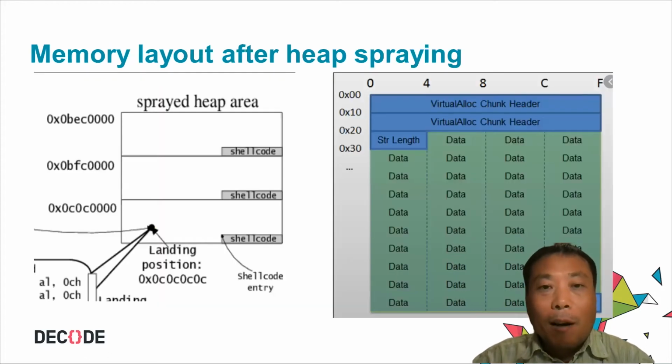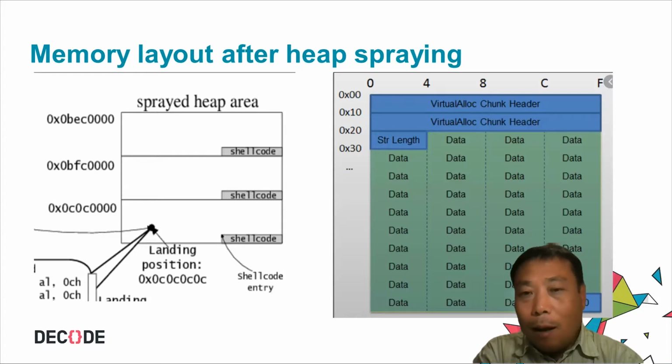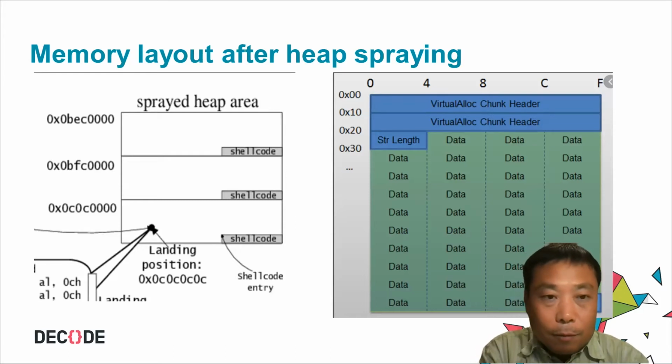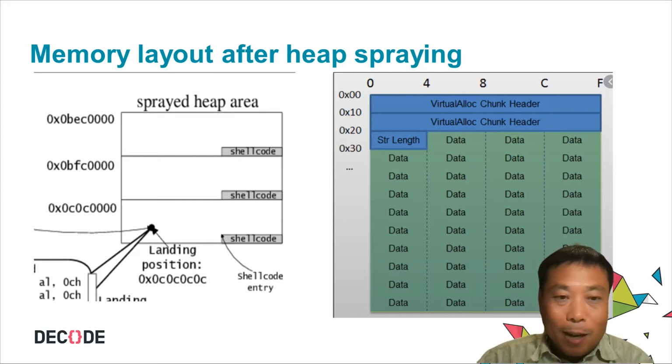So here is the memory layout after a successful heap spray. We can see this memory block is filled with our strings. And in each string, there's our shellcode, and we put the NOP sled at the landing place, and it's the address we are going to set to EIP.